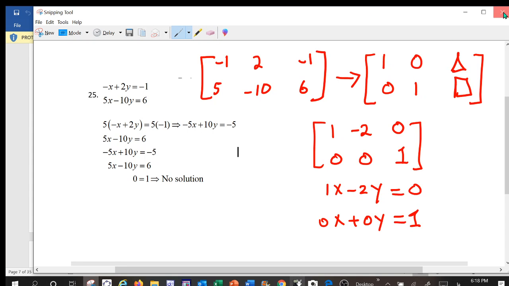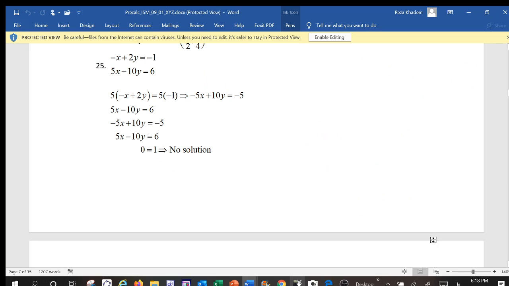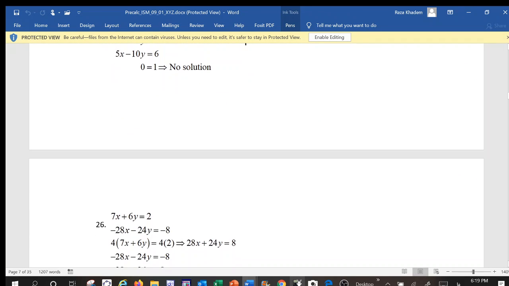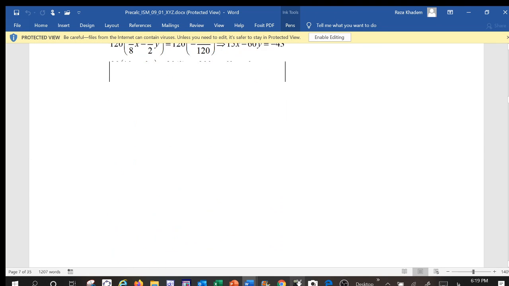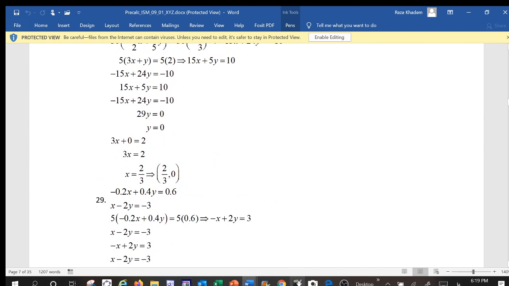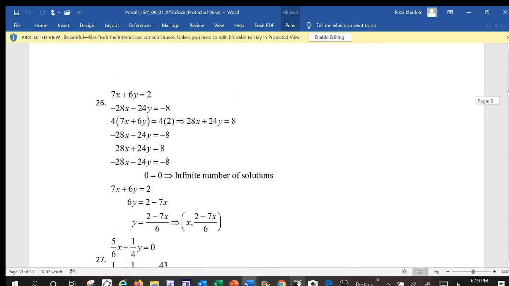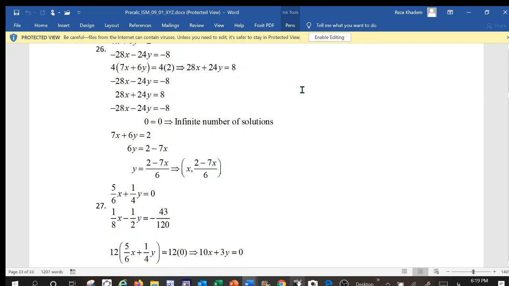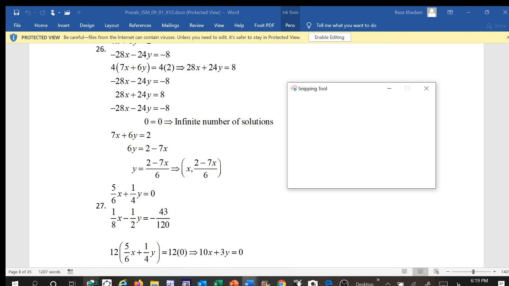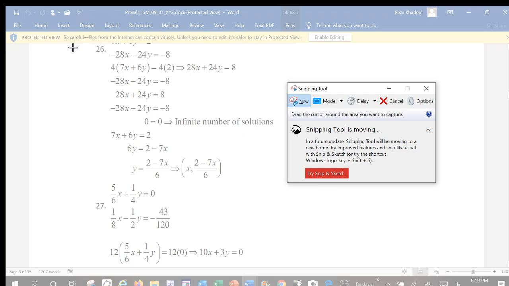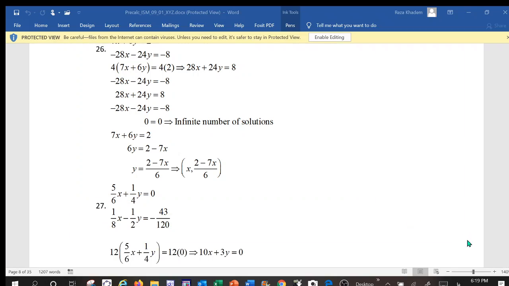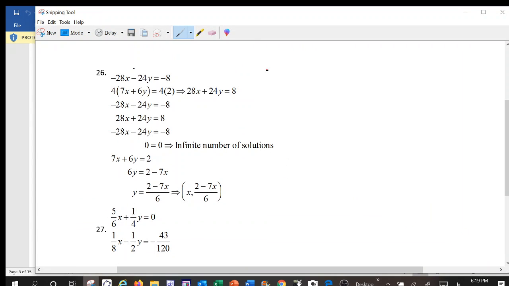Now, what happens if you have many solutions? So the next problem actually is a many-solutions problem. Oops, where are you going? Well, we need one with many. Here you go. This one has many solutions. So let's pick this one and see what happens. So here is the system.